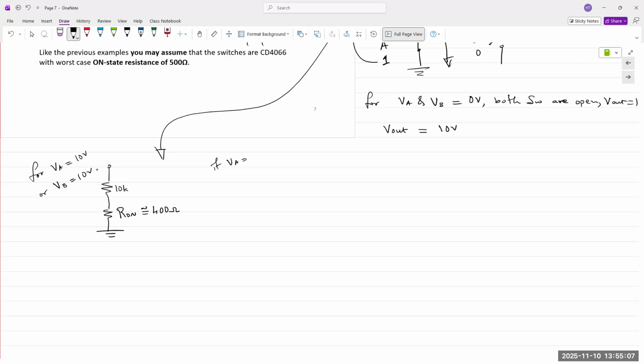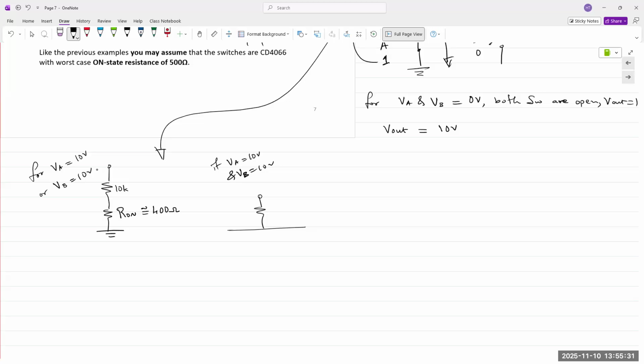If both VA and VB are 10 volts, what changes in the circuit? If both VA and VB are activated, you already know the answer is low, but what actually happens in the circuit? Current flows through the two switches.